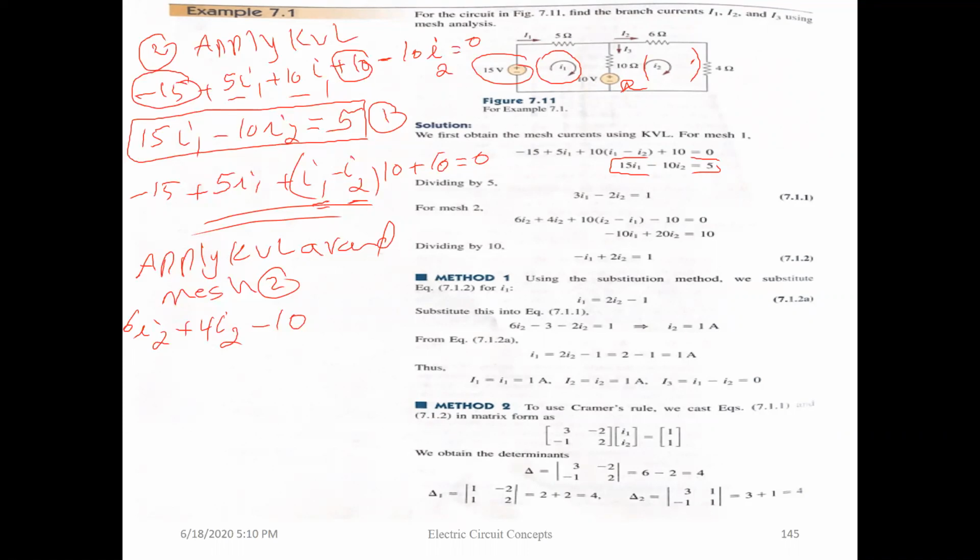And then when we come to the resistance 10, again, it will be plus I2. See, when we wrote the KVL for loop number 1 or mesh number 1, we used I1 minus I2. Now, since I'm applying KVL around mesh number 2, I have to use I2 minus I1 multiplied by 10.